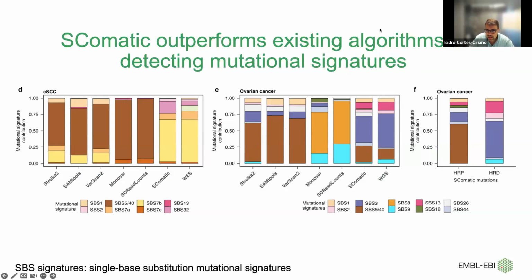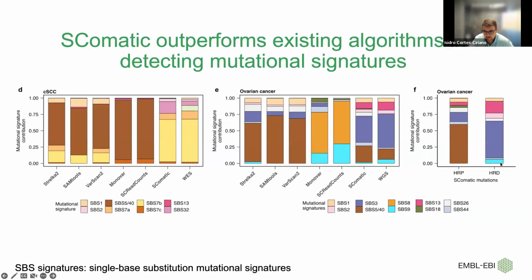Something that was quite reassuring to see is that even for mutational signatures associated with a specific DNA repair deficiency, such as homologous repair deficiency, we can identify such differences. In this plot, what I'm showing you is the distribution of the contribution of different mutational processes in ovarian cancer samples that are proficient for homologous repair, and those that are deficient for homologous repair.